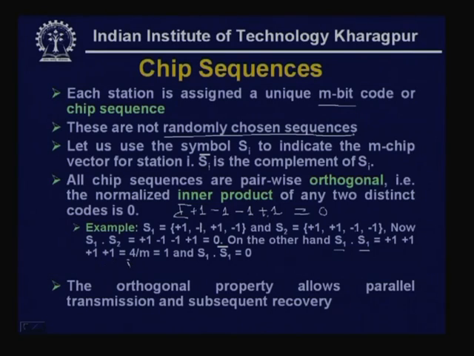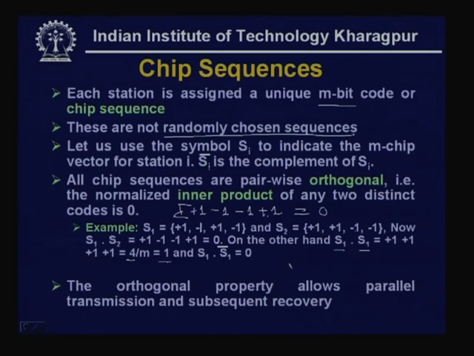If you add them it becomes 4, and if you divide it by the number of bits you get 1. So, we find that if you multiply S1 with S1, the same chip sequence, you get 1. On the other hand, if you multiply with the complement you get again 0.